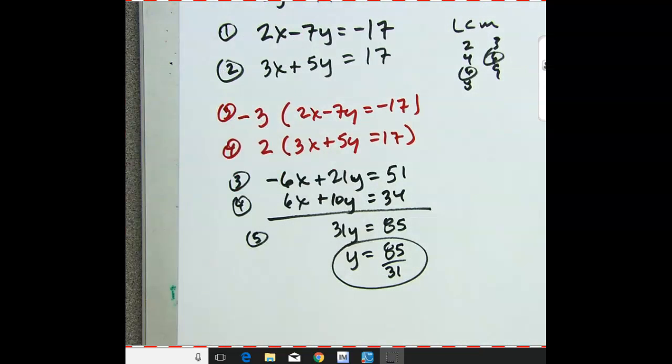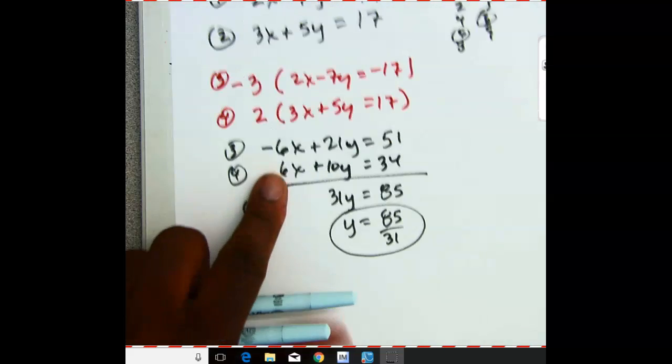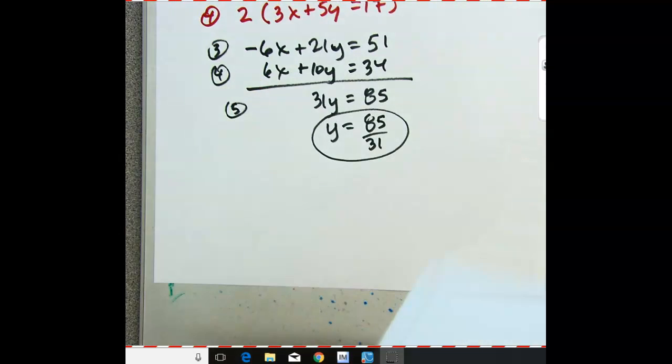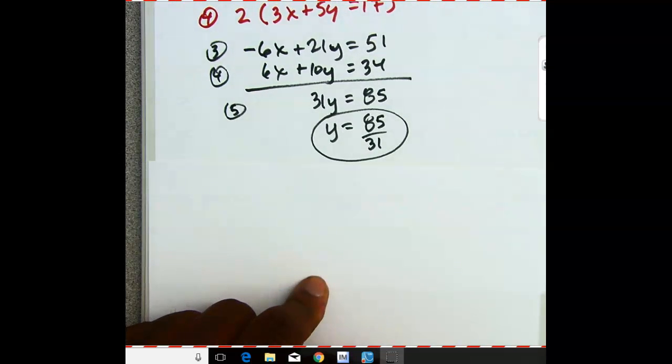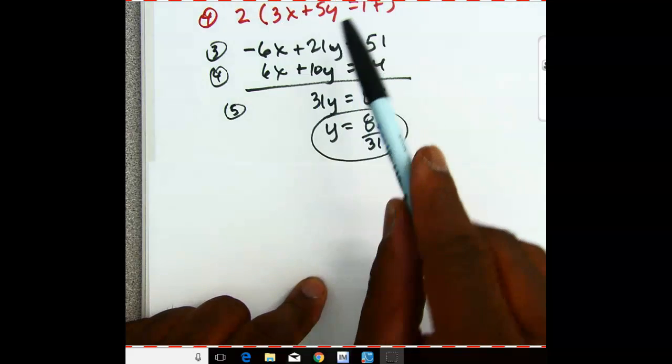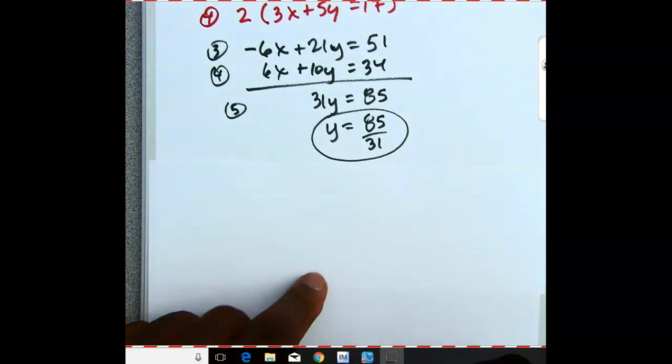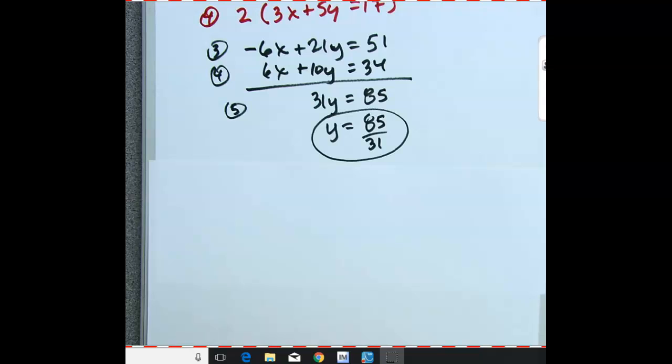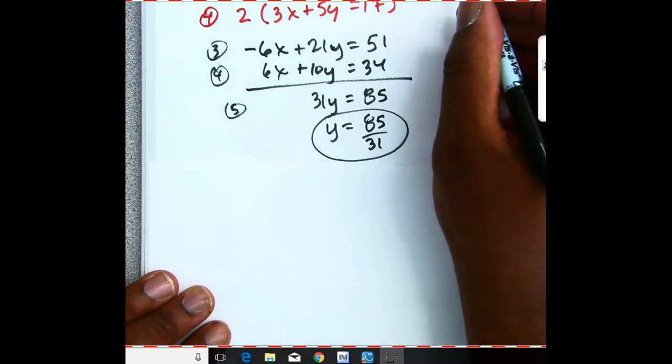2x minus 7 times 85 over 31 equals negative 17. Now you've got to clear the fraction or get a common denominator and work through that process. Or, let's do this. The first time we decided to eliminate the x's, our least common multiple was, in fact, 6.